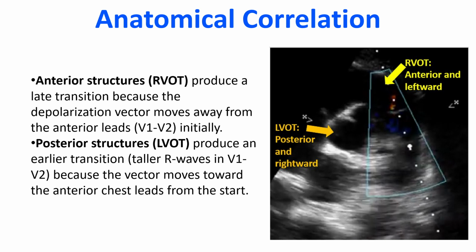Anterior structures, that is RVOT, produce a late transition because the depolarization vector moves away from the anterior leads V1 to V2 initially. Posterior structures, that is LVOT, produce an earlier transition, taller R waves in V1, V2, because the vector moves towards the anterior chest leads from the beginning.